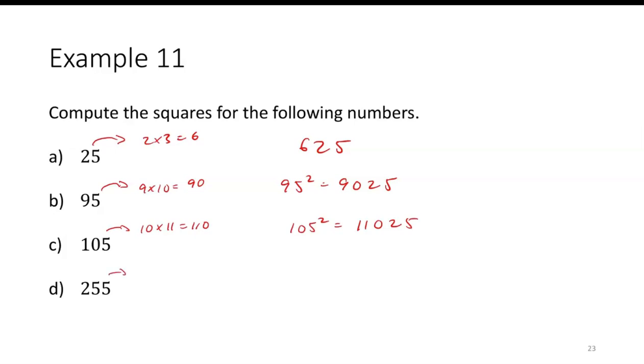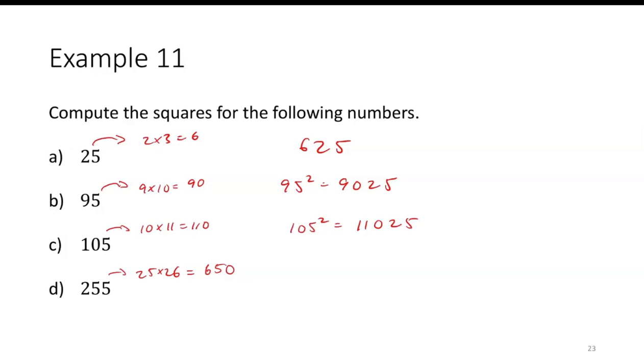And 255 squared, well, 25 times 26, think of it as divided by 25, same thing as 100 divided by 4. So 26 divided by 2 is 13, divided by 2 is 6.5, times 100 is 650.